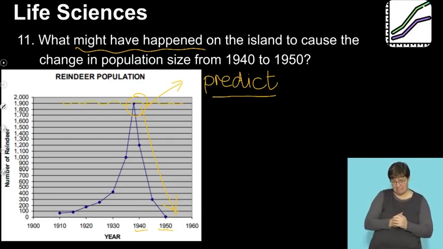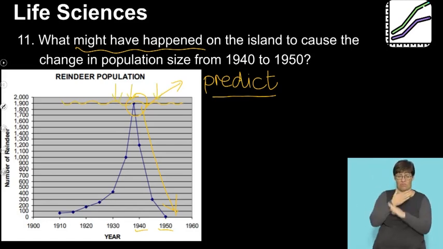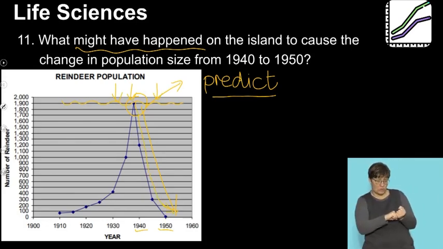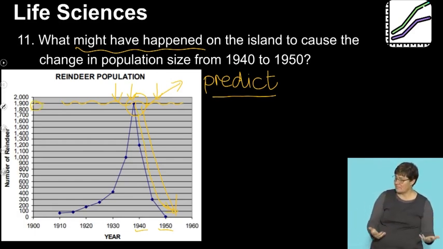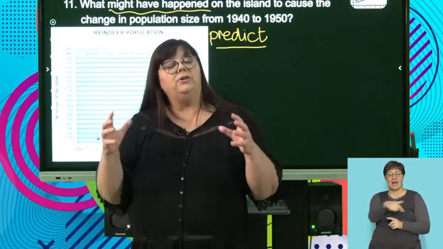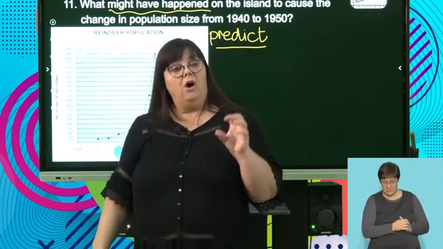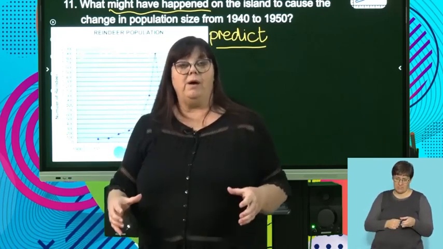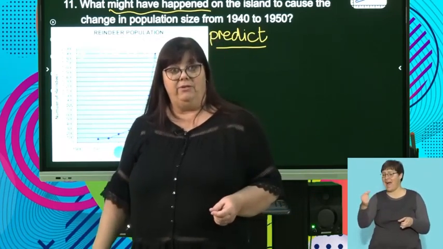We're talking about limiting factors causing environmental resistance, and the land could no longer support this incredibly large population of reindeer, and in fact, the population crashed. The land could no longer cope with those high levels of reindeer living on a very definite portion of land where they couldn't emigrate or find food in other areas.